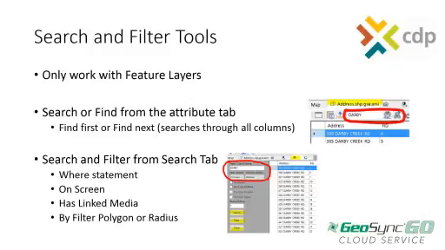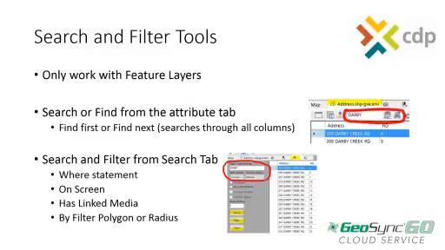The one we'll spend a little more time on is the search and filter from the search tab itself. In that case, we can do things like set up a where statement. We can filter based on features that are on the screen. We can filter against data that only has linked media, which can really be helpful if I'm just trying to find all the features that I have photos linked to.